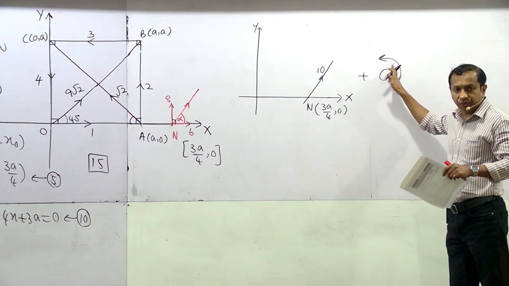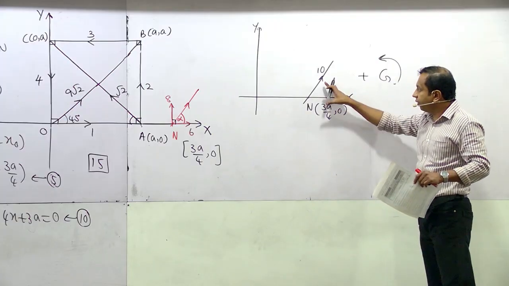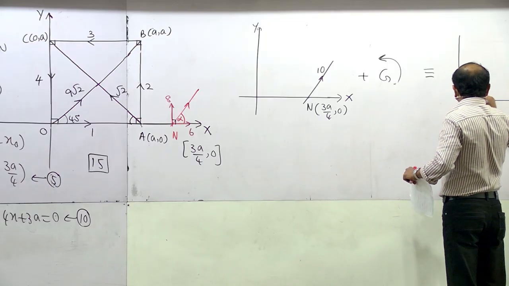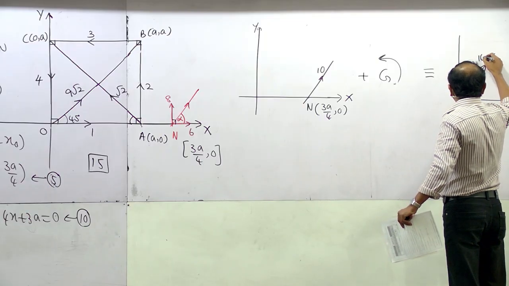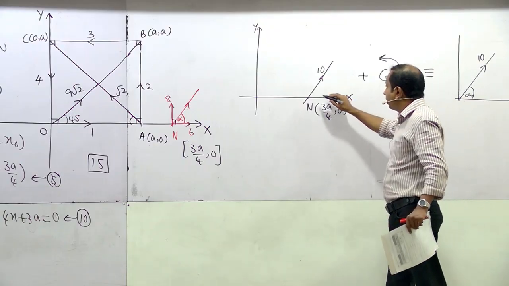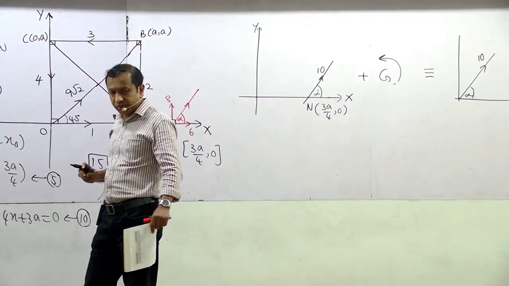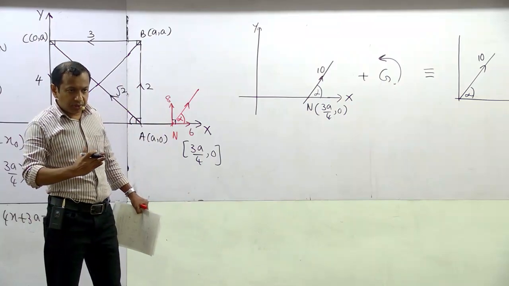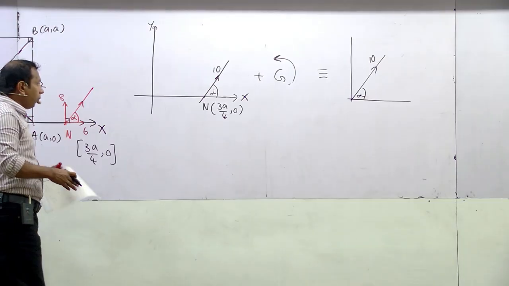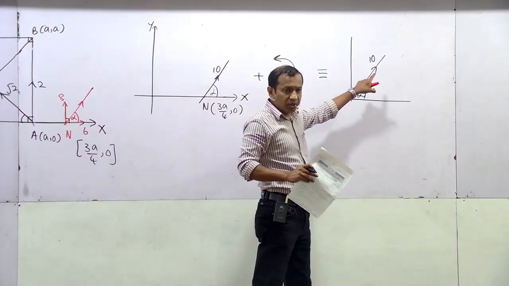Now we are given, because of this couple, this single force is now acting at O. This single force and this couple is now equivalent to another single force acting at O like this, of the same size 10. Once you apply a couple to a single force like this, only the position of the force changes, not the direction or size. Now this single force plus couple is the same as this.